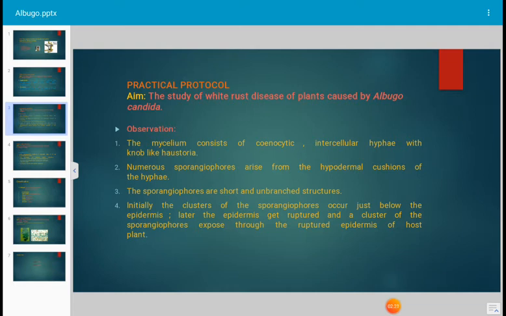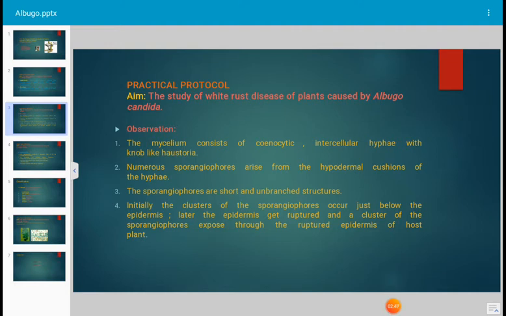You can see numerous sporangiophores arise from the hypodermal cushions of the hyphae. That means just below the epidermis of the infected leaf, hyphal mats are developed. These hyphal mats produce erect fertile hyphae. Those erect fertile hyphae, which are unbranched, are described as sporangiophores.